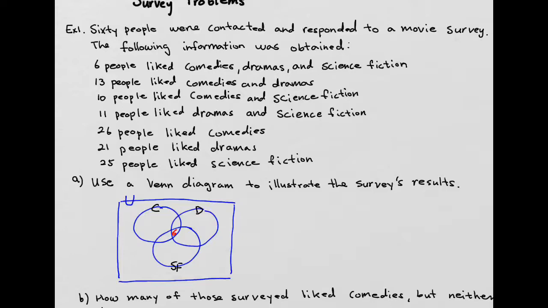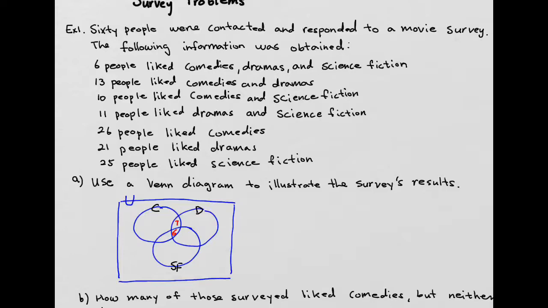Here it says 13 people like comedy and drama. So this area right here is going to be 13, but you already used 6. So what's left over here is 13 minus 6, which is 7.